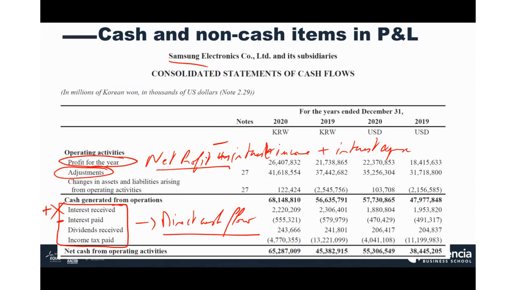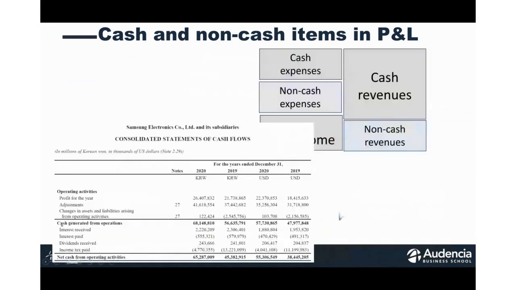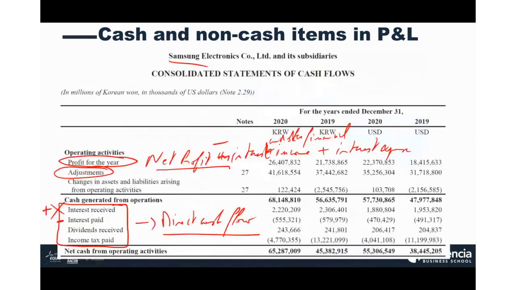Dividends received, it's in the financial income, interest and other financial income. So now I eliminate this one. So now I can put plus the dividends. I eliminate, so plus income tax expense.